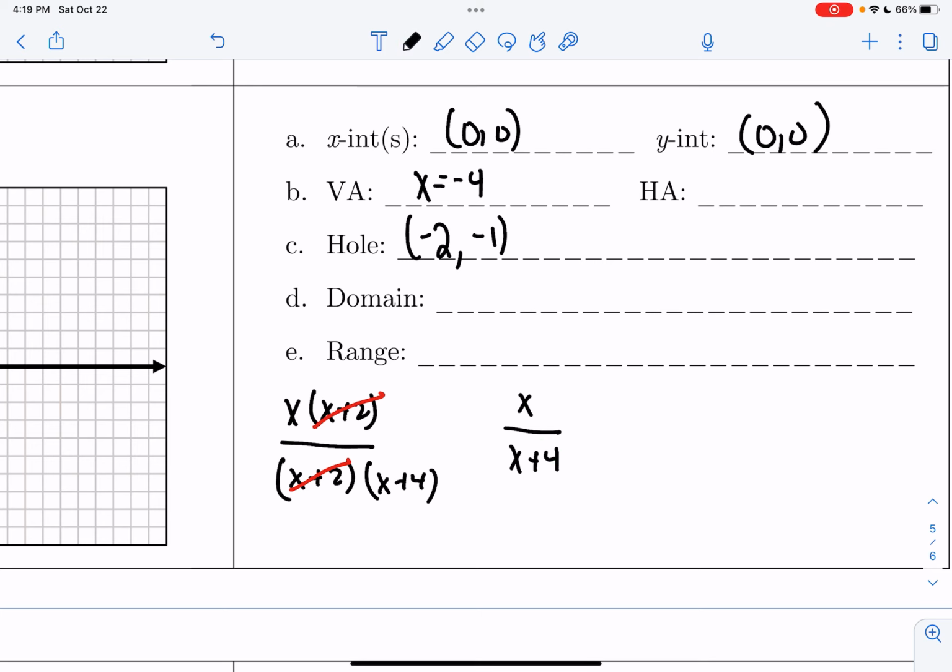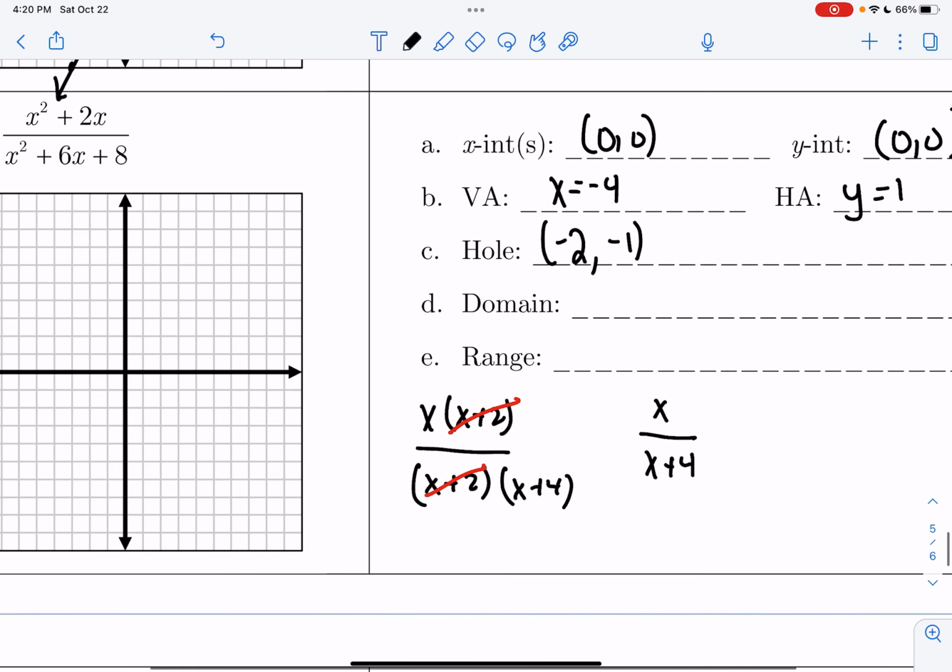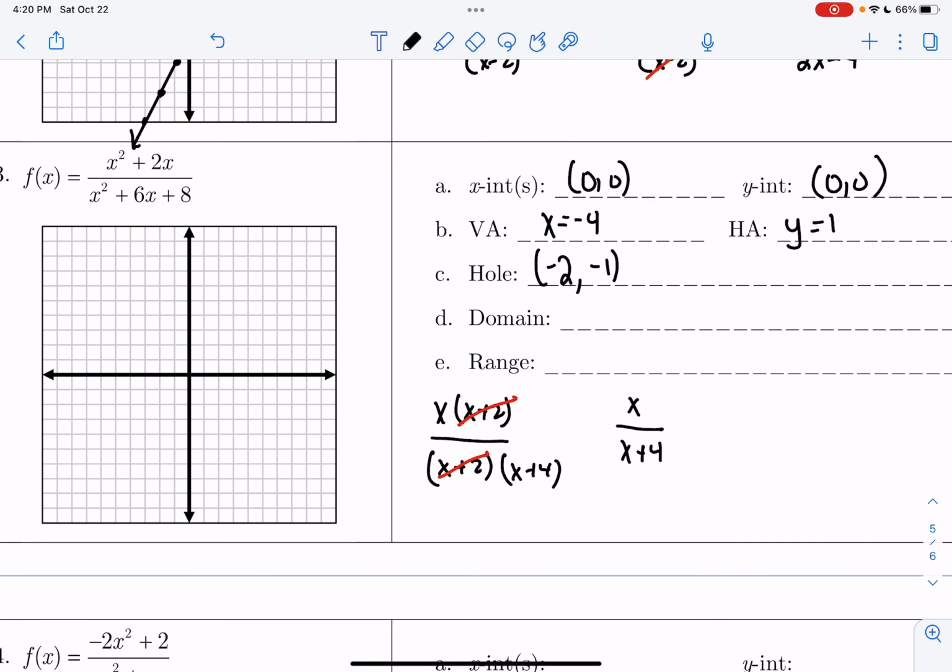And then my horizontal asymptote, looking at the degree of my exponents, I can see that I have 1 right here and 1 right here. Looking at my leading coefficients, my horizontal asymptote is at y is equal to 1. I'm going to go ahead and plot everything I know.